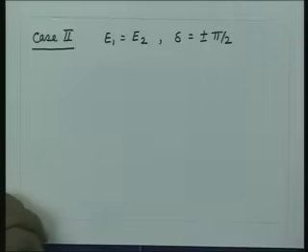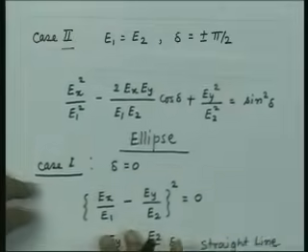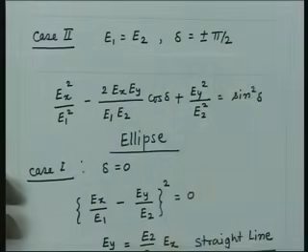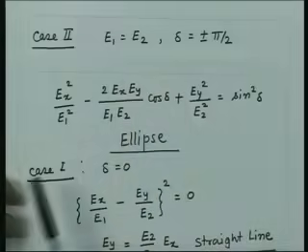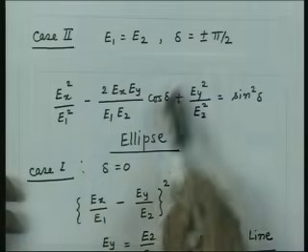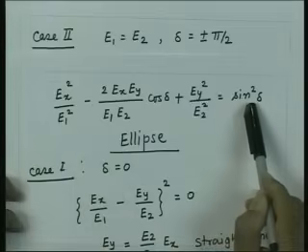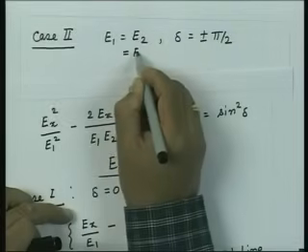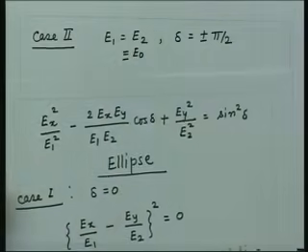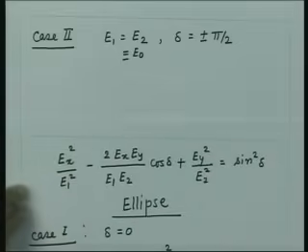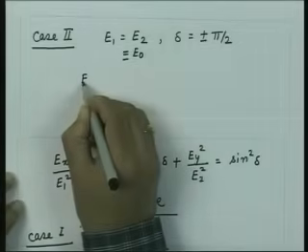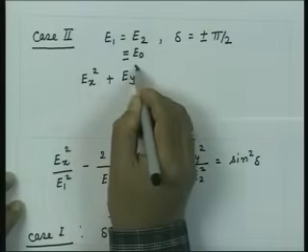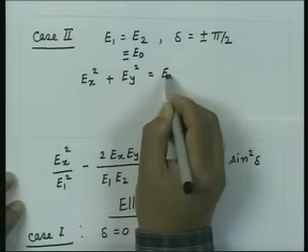If I go by this equation again and substitute this value for E1 equal to E2 and delta is equal to plus minus pi by 2, this quantity will be now 0 because delta is plus minus pi by 2, this quantity will become equal to 1 and E1 is equal to E2, let us say that is equal to E0. So, this equation now becomes Ex square plus Ey square, that is equal to E0 square.